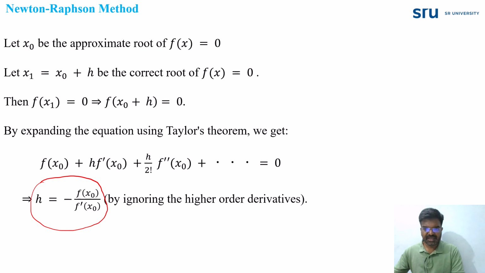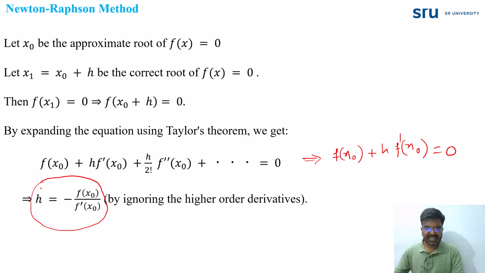Suppose if you ignore the higher order derivatives, what is the result here? f of x naught plus h into f dash of x naught equal to 0. We are not taking second, third, fourth order derivatives. So from this, h equals to minus f of x naught by f dash of x naught.